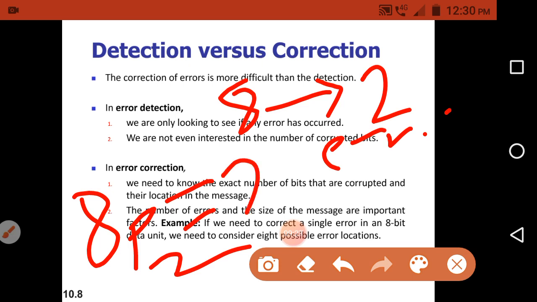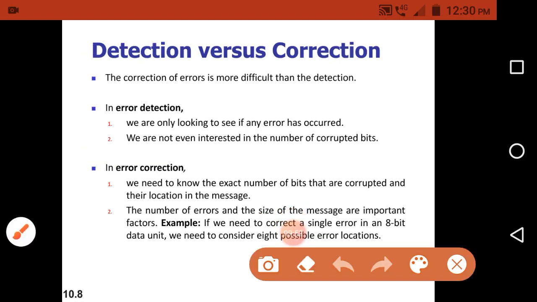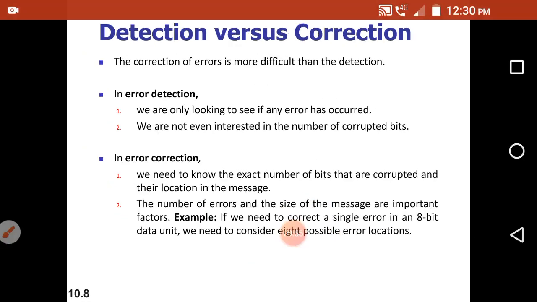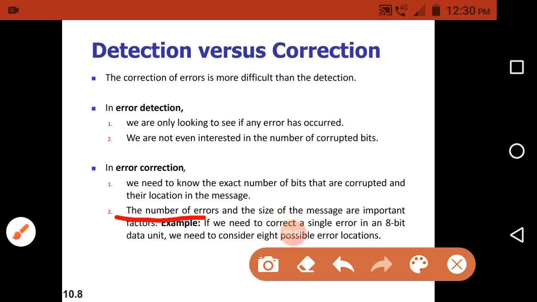By solving this permutation, we get the value 28. It means 28 possible error locations need to be considered when I want to detect 2 errors from the 8-bit data. If only one single bit error is there, then you have to consider 8 possible error locations. That's why the number of errors and the size of the message are important factors. So this is all about error detection versus error correction.